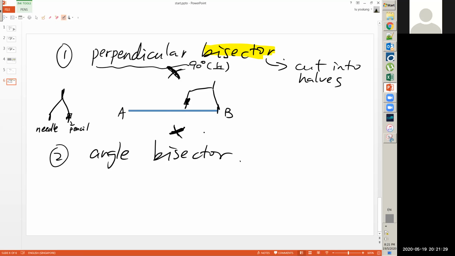Can you imagine? So then you will end up with two points. One of them is here, one of them is here. And what you need to do is just connect these two points.